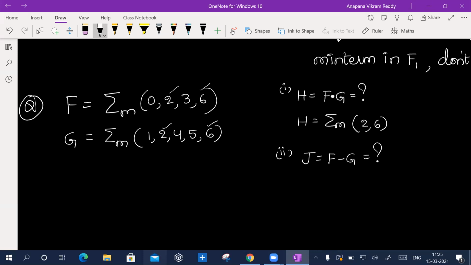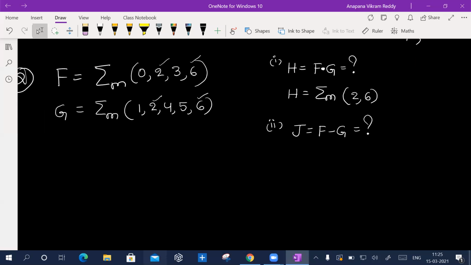Any guesses? Except the common terms, every term will appear.